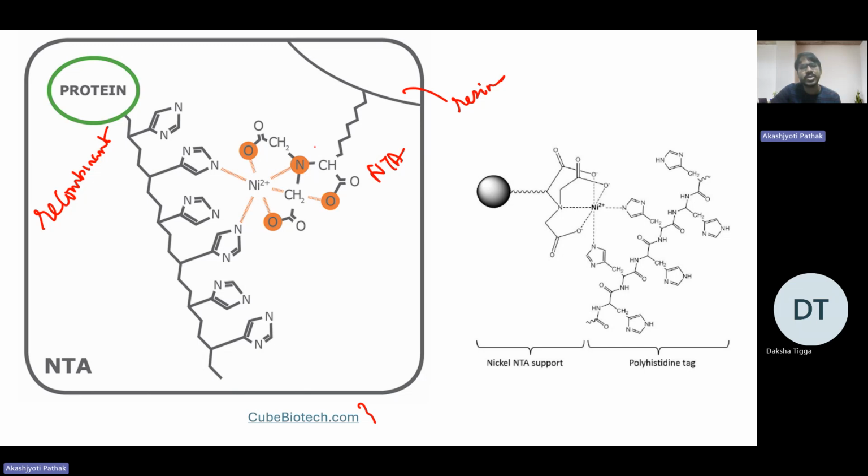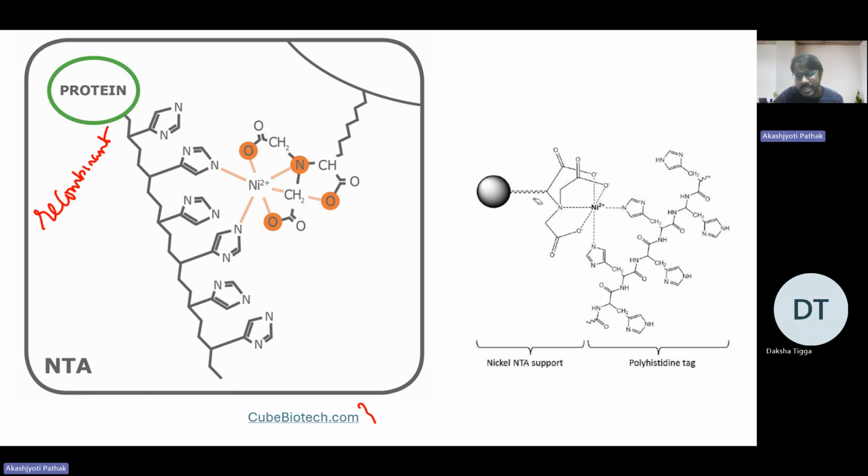Acetic acid is CH2COO minus, and you have this N. So there are 3 CH2COO minus groups, and these 3 groups form coordinate bonds. Basically, the O minus groups and the N form 4 coordinate bonds, and 2 coordinate bonds are formed with the histidine residues. Okay, so remember this. Sometimes these things are asked.